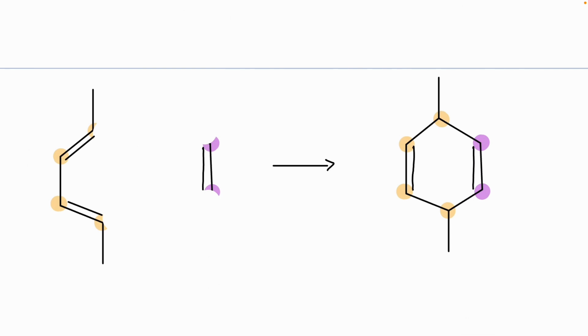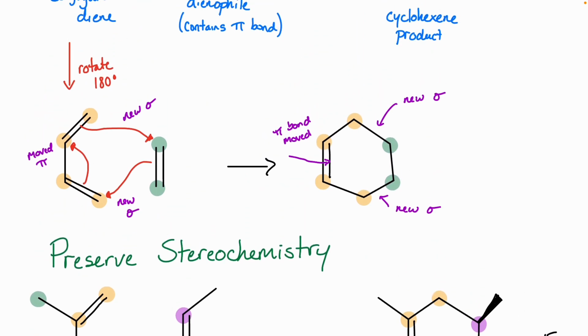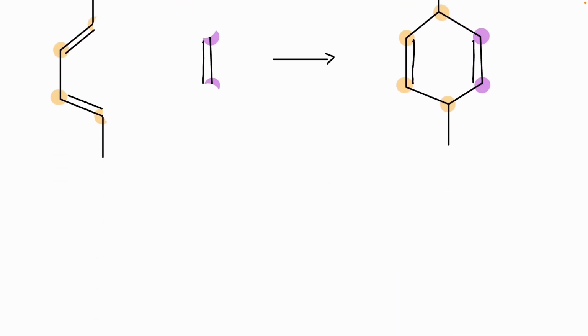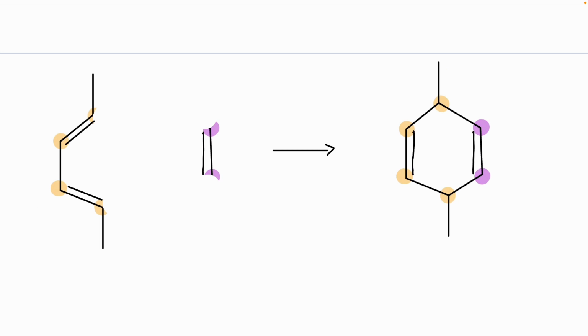Okay? And then lastly, let's note that here we still have a pi bond. We didn't see that in our previous structure. If we look at our mechanism here, this pair of pi electrons went down to form a new single bond. So what does that mean for our dienophile? Well, it didn't just have 1 to start out with. It must have had 2 pi bonds.